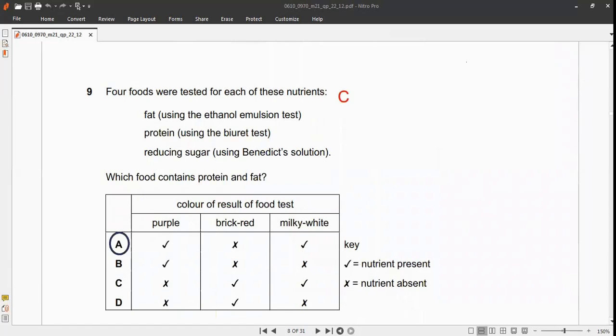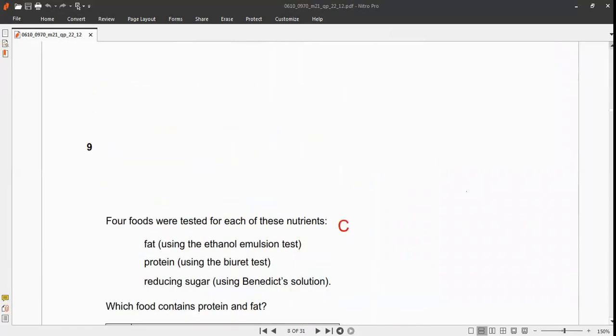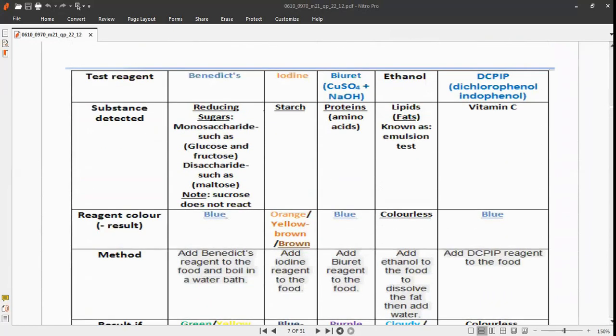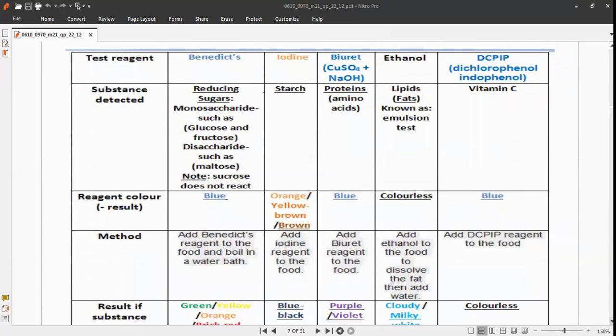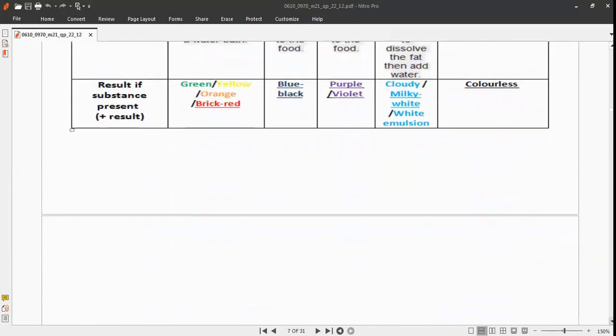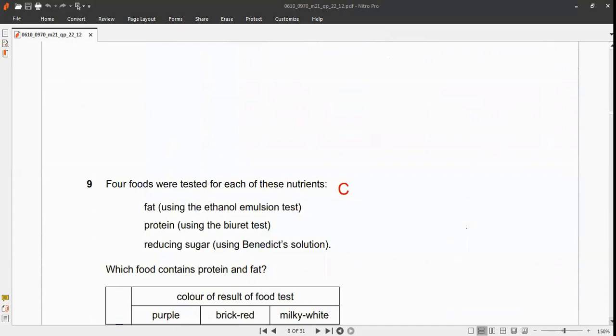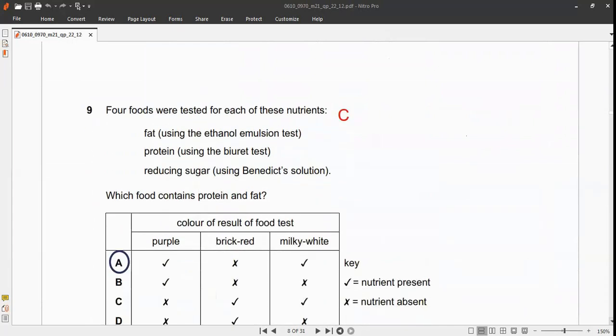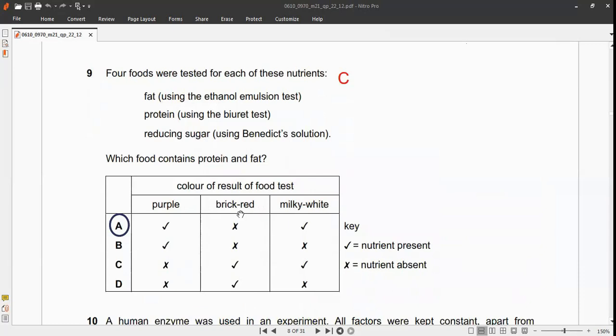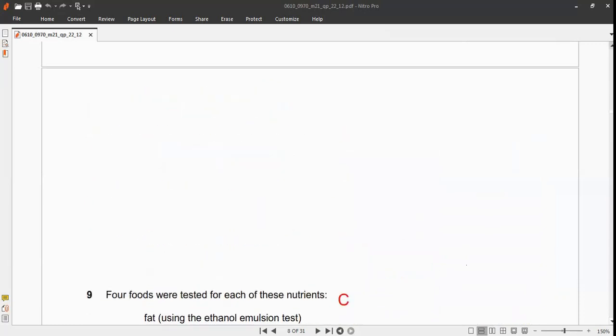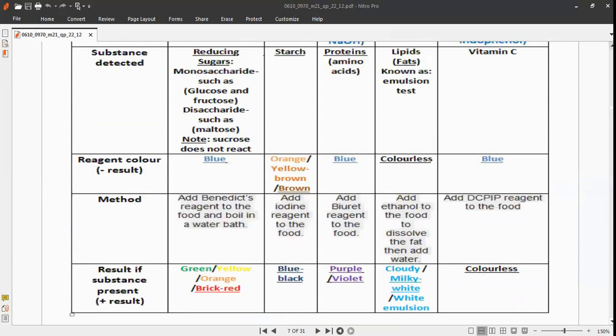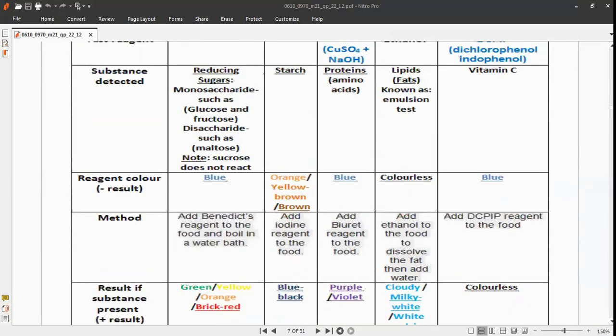What about brick red? Brick red is for reducing sugar. The question asks about fat and protein only, so no brick red. What about protein? Protein, yes, purple.